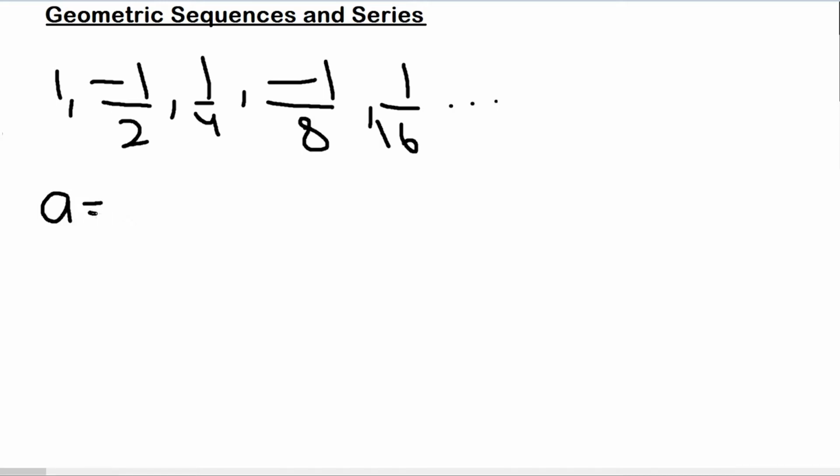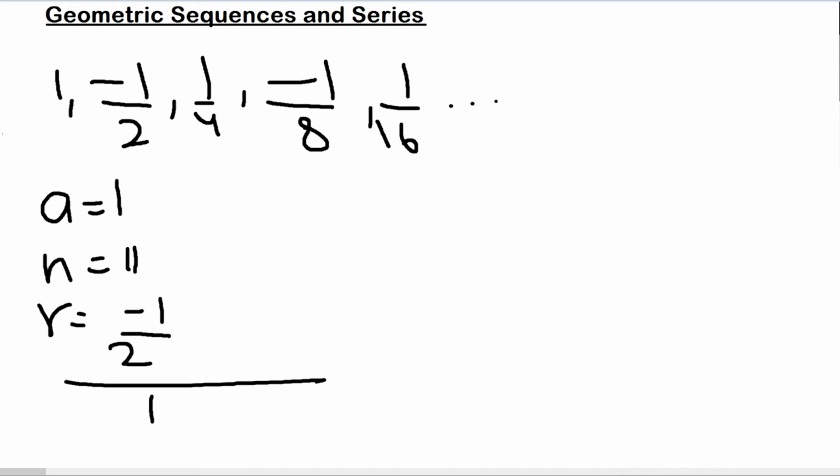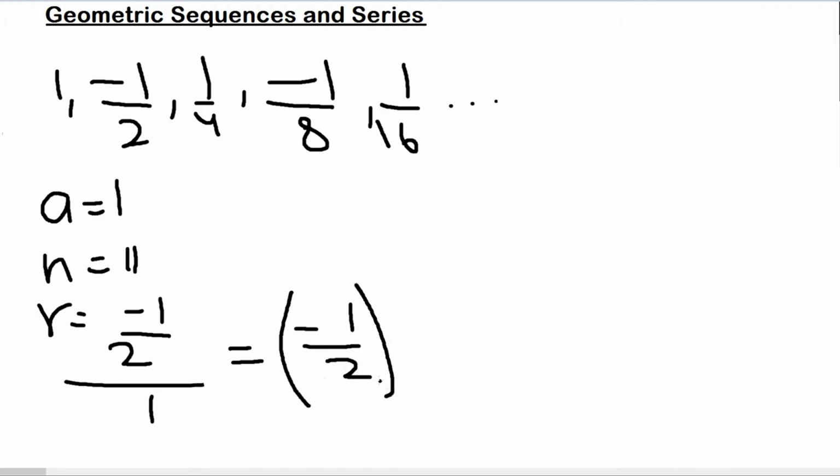So a here is 1, n is 11, r is negative 1 over 2 divided by 1, which is negative 1 over 2. That's very straightforward. When you have the first term as 1, the second term is usually the common ratio.